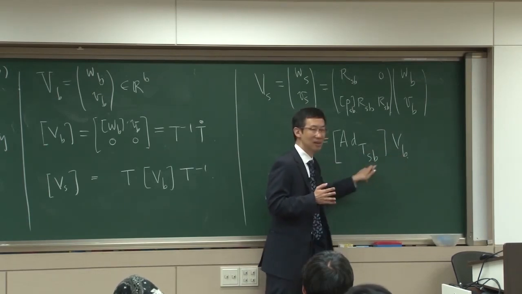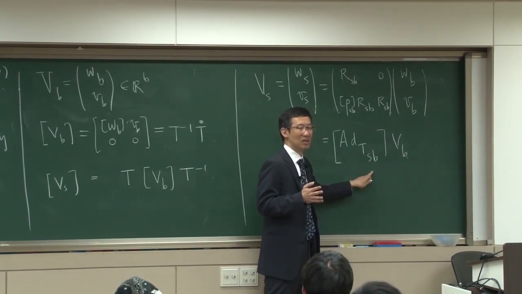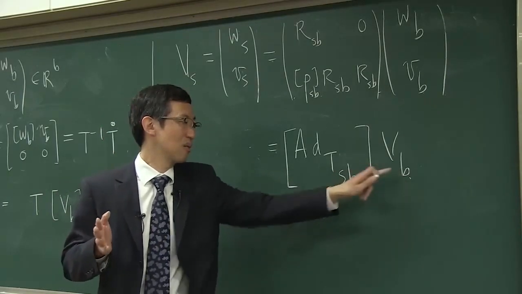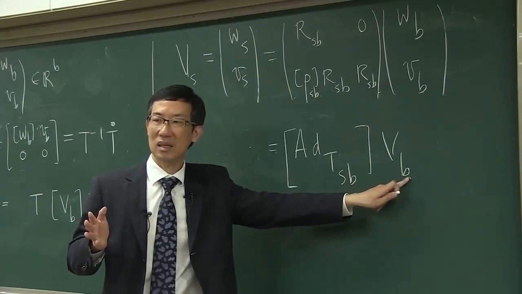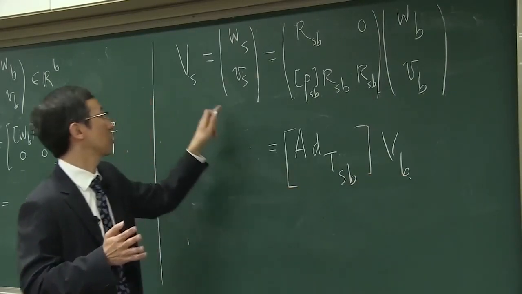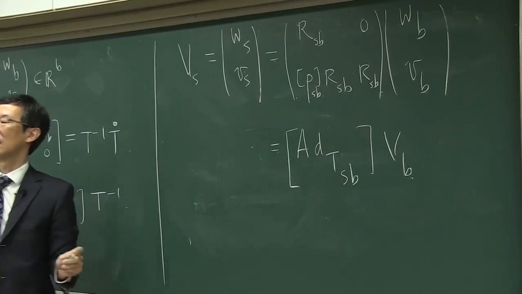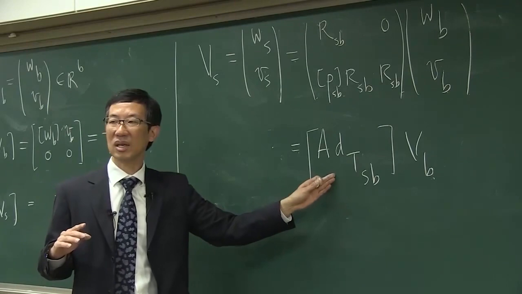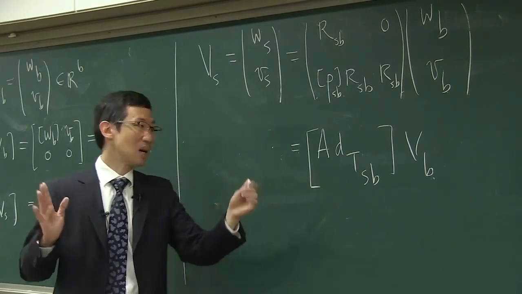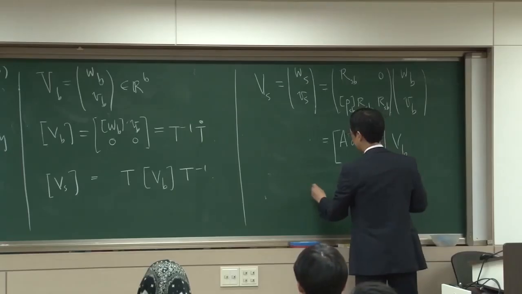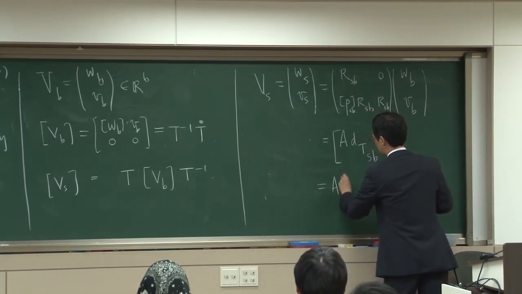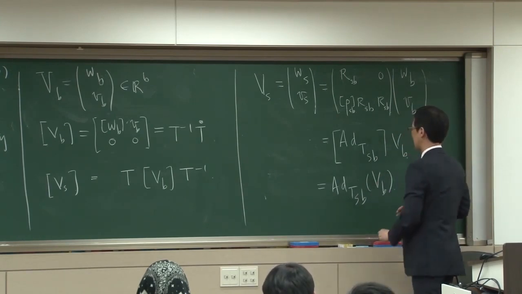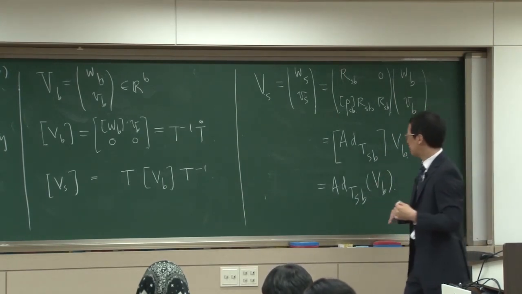This is also not too hard to remember. It's the indices: if you see repeated indices like B here, they cancel, and you're left with V sub S. Sometimes I'll also write this as Ad TSB of VB.